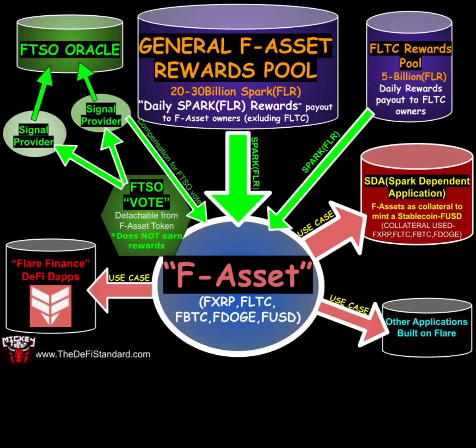You would delegate this vote in the same way you would with your Spark token, except this vote does not come with any rewards. But with that said, signal providers can compensate you for delegating your vote because it does help with their voting power towards the FTSO.